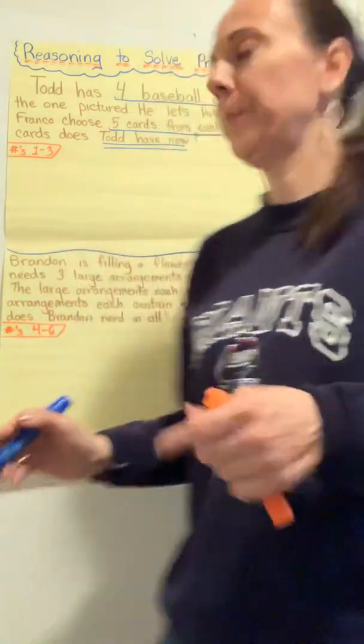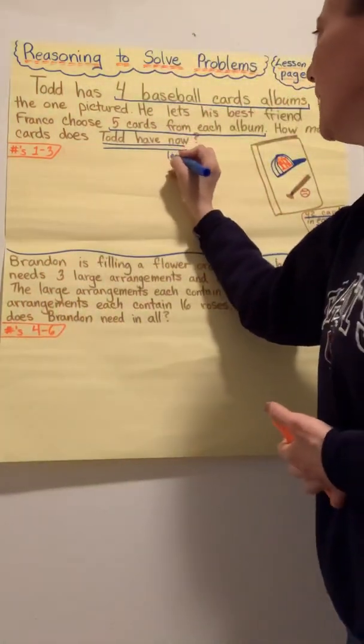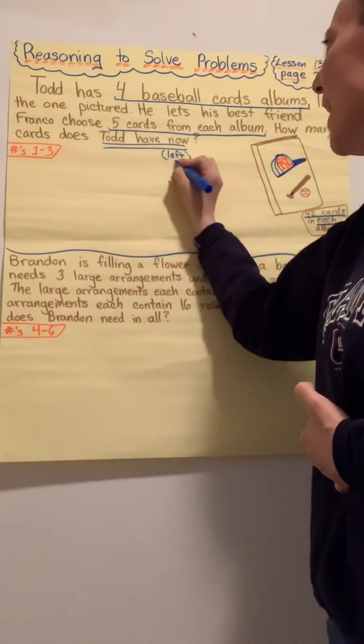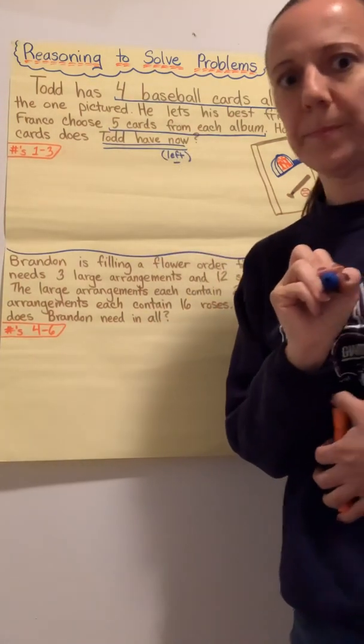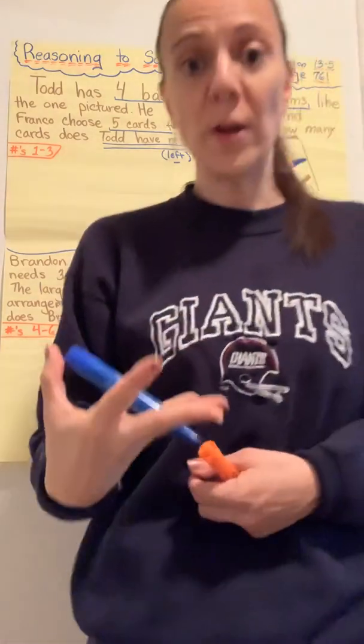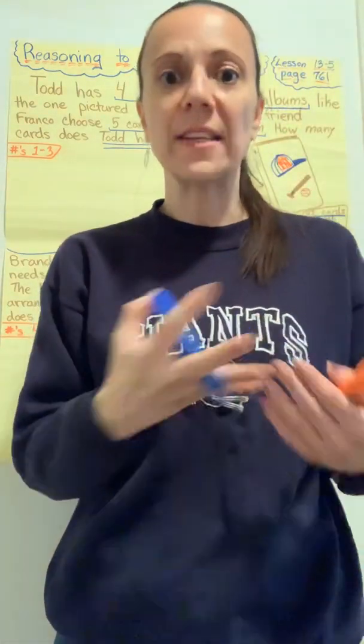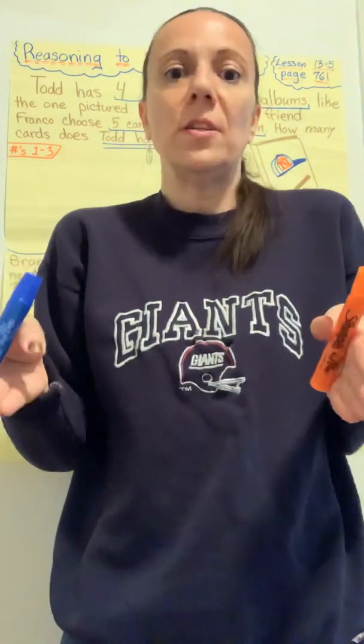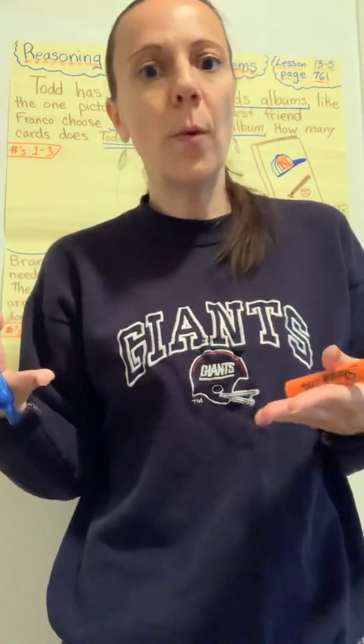I'm subtracting. Okay. So I'm just going to write left under now because that's really what it's asking, and that makes me think subtraction. But that doesn't mean I'm subtracting right away. It means I'm going to subtract at some point. The first part of the problem is to figure out how many cards he has at the beginning. What do I know about that?